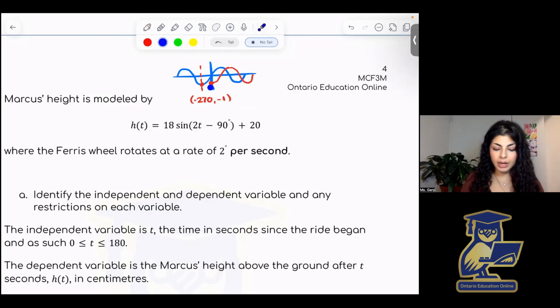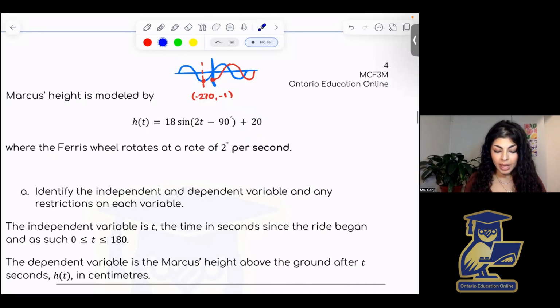So I'm getting on, or Marcus is getting on at the lowest point at time 0. And finally, the plus 20 is the midline or the center of the Ferris wheel above the ground, which was 20 meters above the ground.